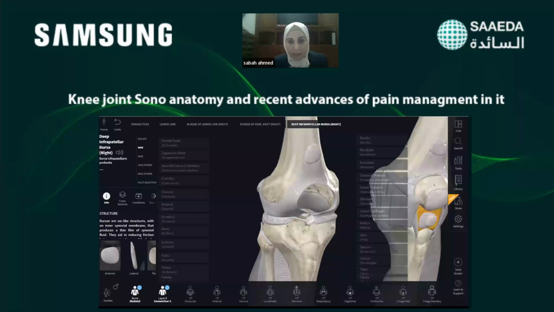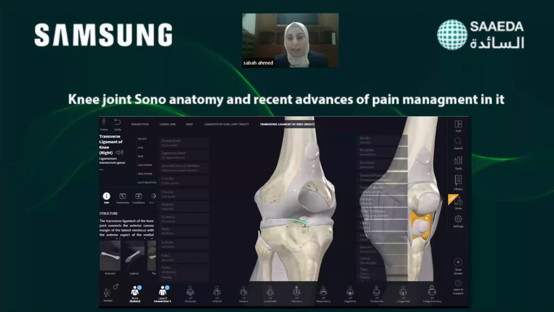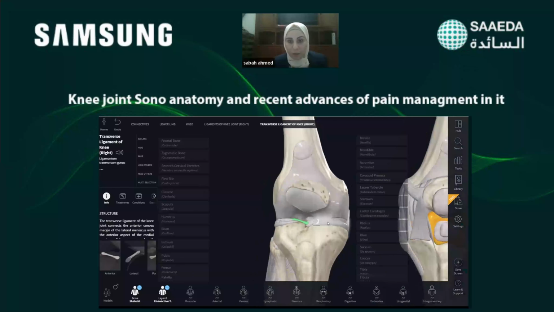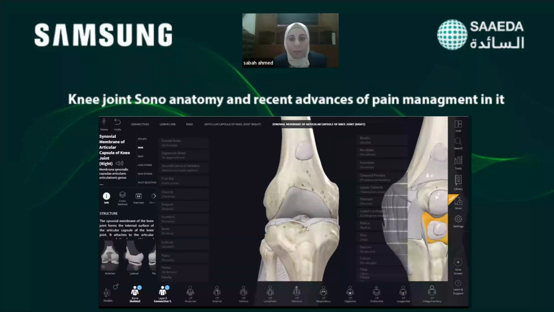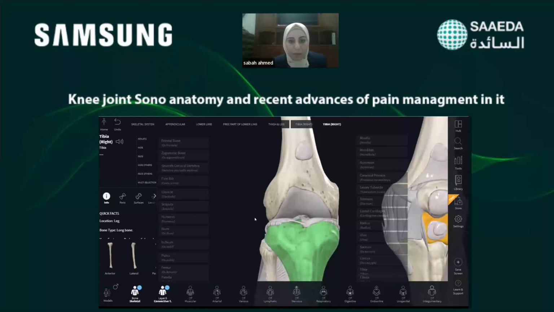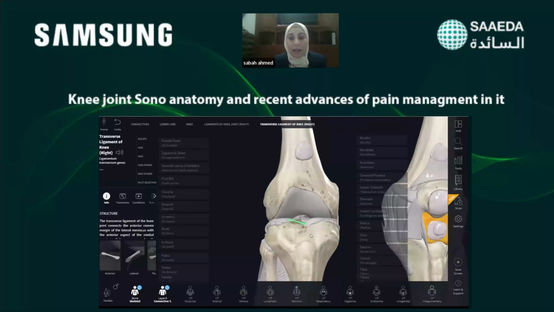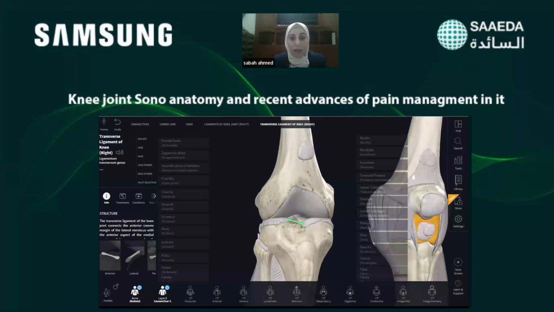So if we see here, this ligament that runs between the two menisci is called the transverse meniscal ligament. Also in this 3D, it is not 100% true because the anterior cruciate ligament, which is this, runs below it. So this is the transverse meniscal ligament, beneath which the anterior cruciate ligament passes.